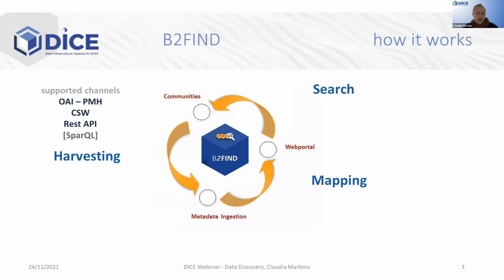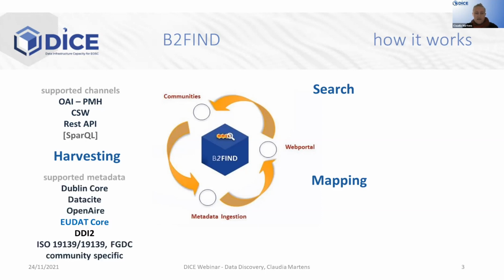SPARQL queries are only possible in a beta version, so not really done easily now, but will be in the future. We support metadata standards and schemas, the generic ones, which is Dublin Core and, of course, DataCite, the most important generic metadata schema for research data. We do support OpenAIRE. The main difference from OpenAIRE to DataCite is that OpenAIRE also supports records that do not have a DOI, but any other PID.